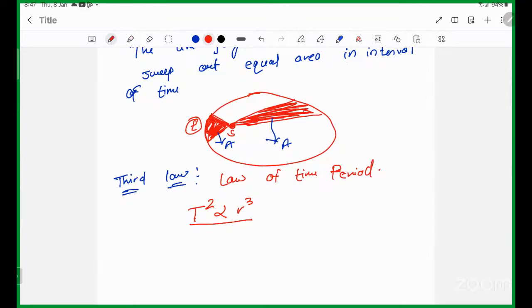So among the planets, we find Mercury, the nearest one. Mercury takes 88 days for one revolution.